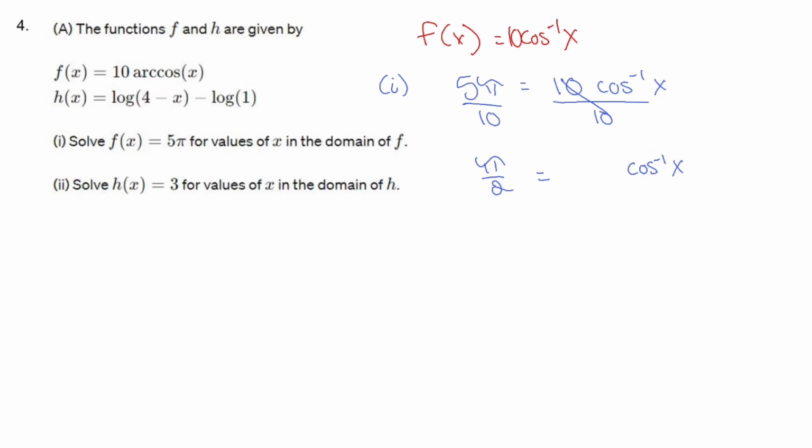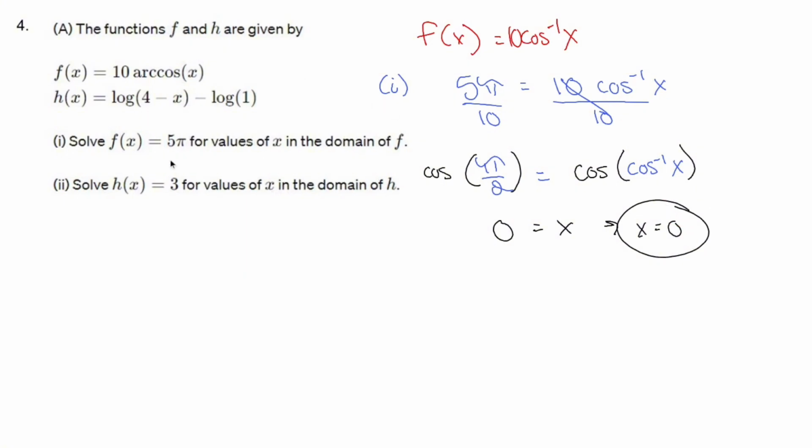Whoa, whoa, whoa, buddy, you might be thinking, what the heck is all that space for? Well, in order to get rid of inverse cos, I can use regular cos. If the opposite works, then why not? Cos of pi over 2, what x value is going to happen when I do cosine of pi over 2? Well, 0, of course. So 0 is going to equal x, or x is going to equal 0, which happens to be in my domain. And so I'm in great shape.